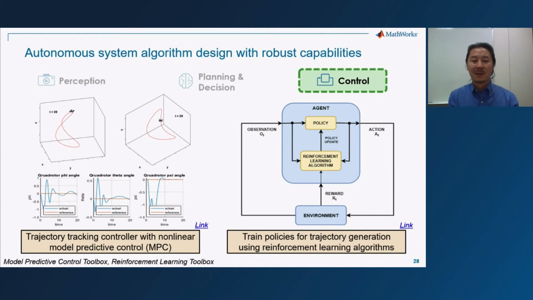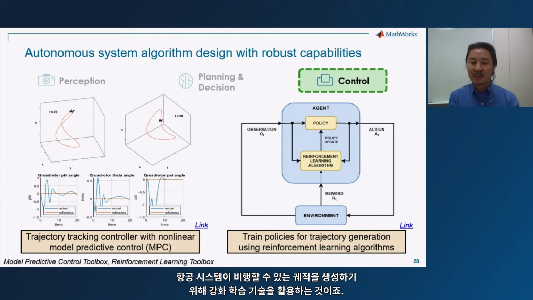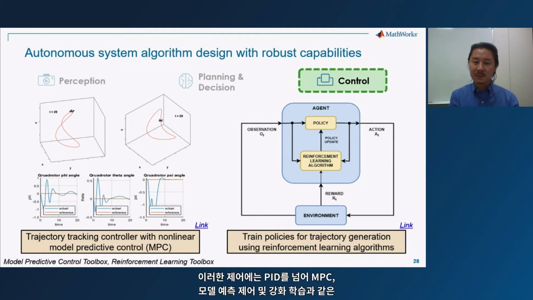Examples of this are applying nonlinear MPC for trajectory tracking, or utilizing reinforcement learning techniques to generate trajectories for the aerial system to fly along. So controls for this can go beyond PID and include some newer, more advanced techniques such as MPC, model predictive control, and reinforcement learning.